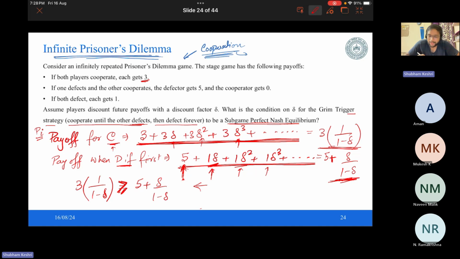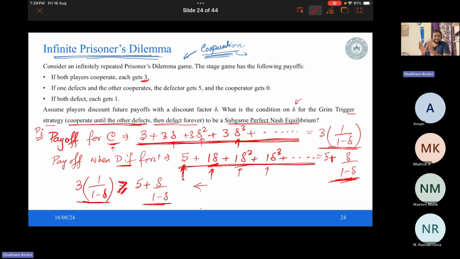It will always continue to cooperate. So this is the condition on delta for which I cooperate until the other defects. Why will I defect? Defecting will give me a lower payoff. When this is more than this, I will not defect. What is the point in defecting? My payoff when I cooperate is more than if I defect first.